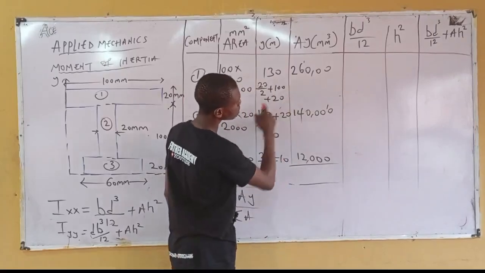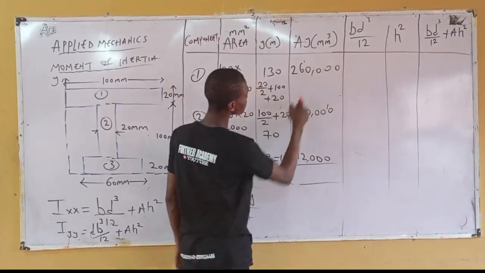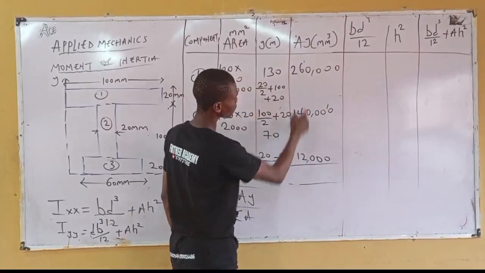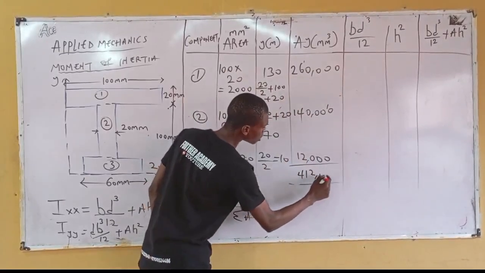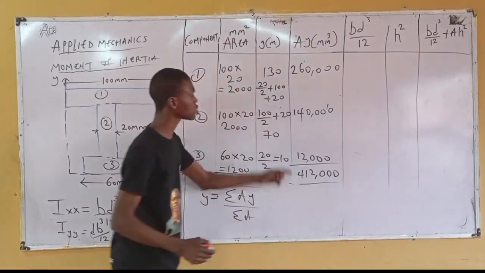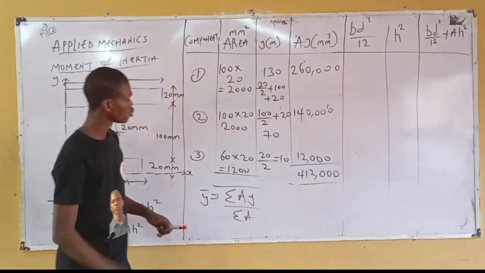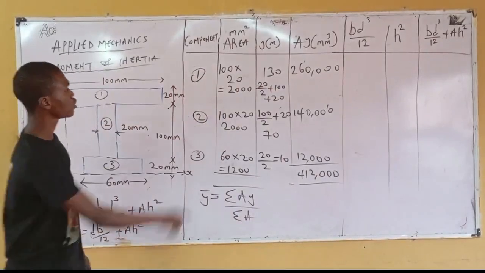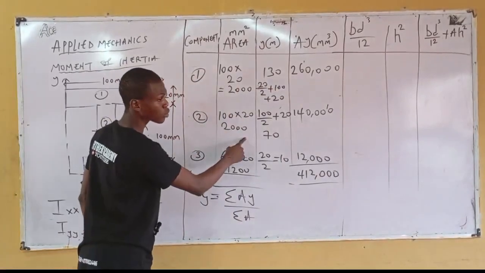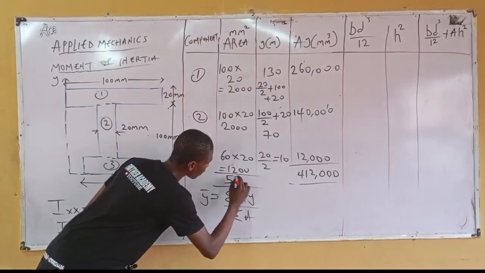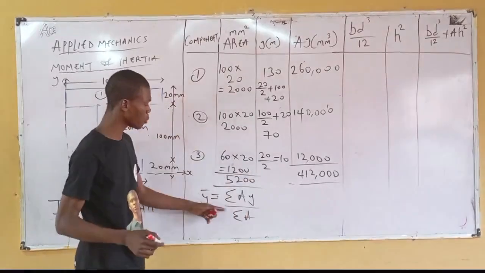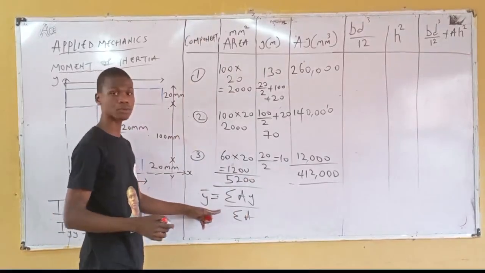260 plus 140, that's 400. 400 plus 12, that's 412,000. This is summation of ay. Now, summation of A is what? 2,000 plus 2,000, that's what? 4,000. 4,000 plus 1,200, that's what? 5,200. Now, input this in your formula.